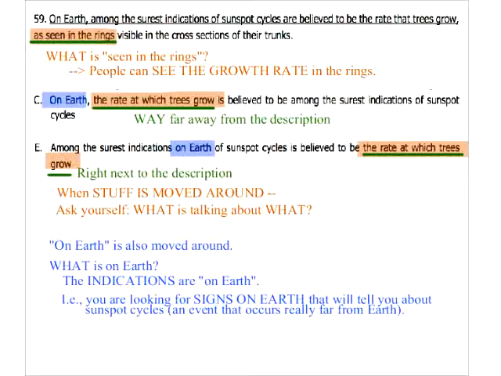And when you first read the sentence, you should get that meaning. It should be the only goal of reading the sentence in the first place is to establish this kind of thing. So it's really important that you do. It's to figure out what the heck am I even talking about in the first place. So, well, again, let's look at E. Indications on Earth, also right next to the description.